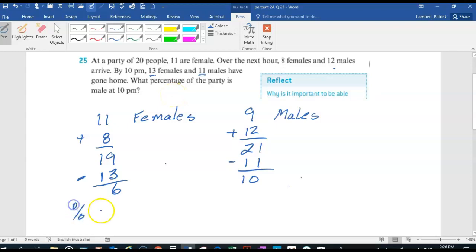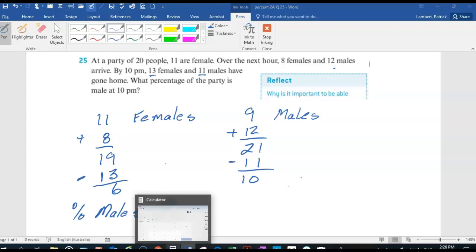Percentage males. Okay, so percentage of males, we've got 16 altogether, 10 out of 16.